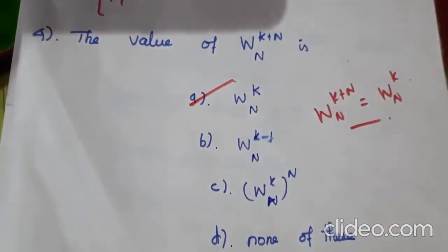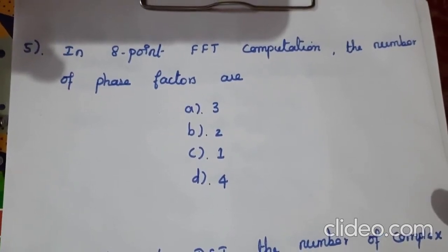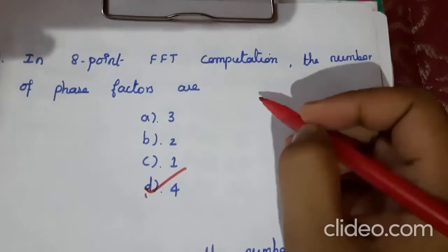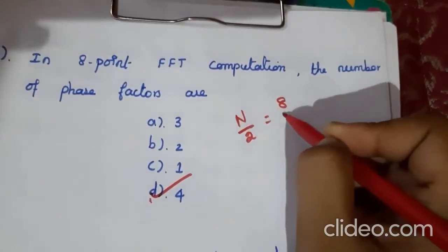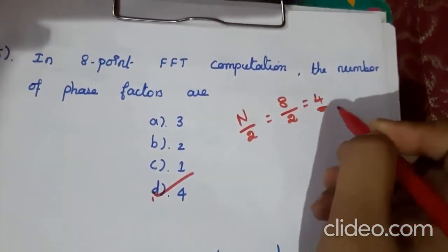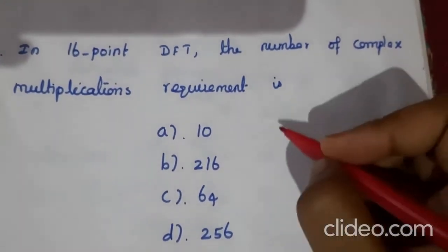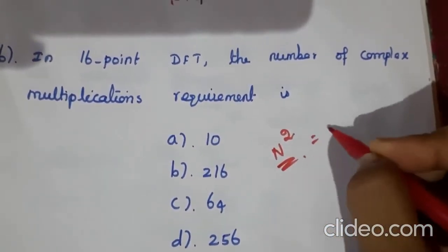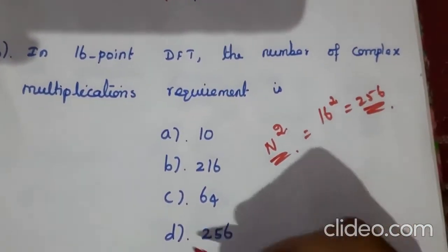So the answer here is A. Fifth question: in an 8-point FFT computation, the number of phase factors is 4. The answer is D, since the phase factor count is N by 2, and N is 8, so 8 divided by 2 is 4. Next question: in a 16-point DFT, the number of complex multiplications required is N square, and here N is 16, so 16 square is 256. So the answer is D.